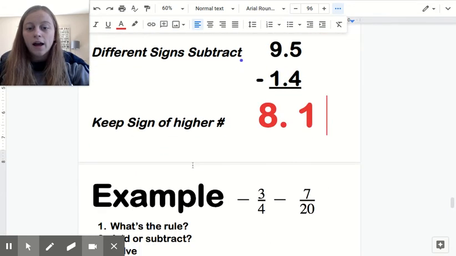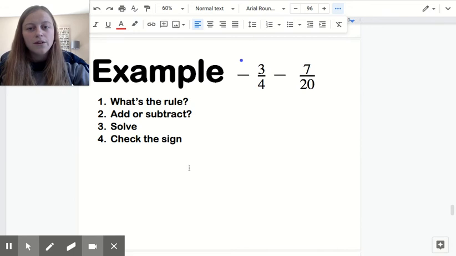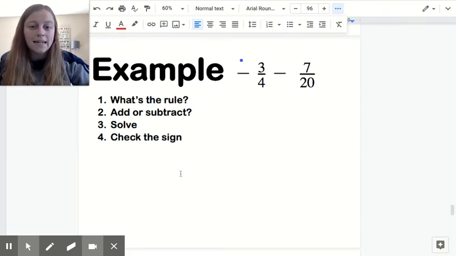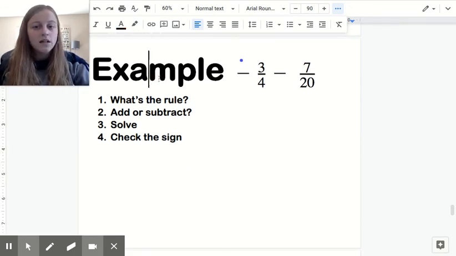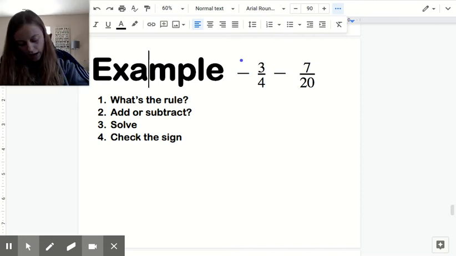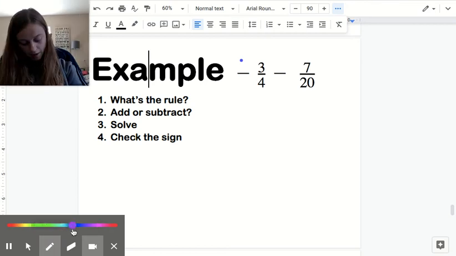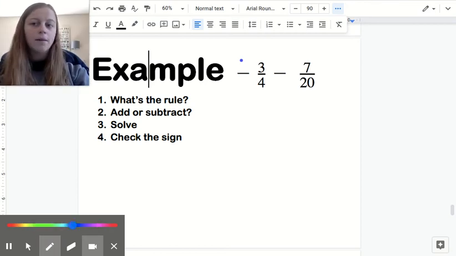Let's go ahead and try one with fractions. We have negative 3/4 minus 7/20. So first we need to figure out what the rule is. Well, we're going to KFC this. I'm going to KFC it, and I'm going to find common denominators at the same time, because I know when I'm adding or subtracting fractions, I have to have common denominators.